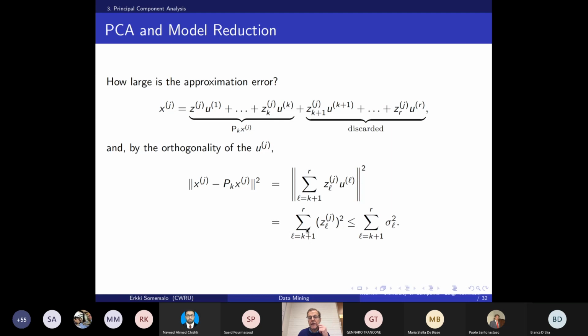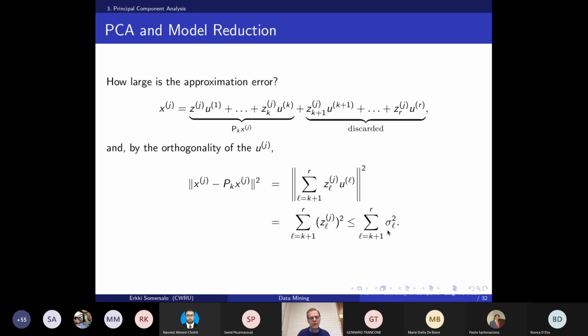So now let's go back. Two slides ago, I told you that the zlj are bounded by the singular values of the matrix X. So I get an upper bound for this sum, and this sum is simply l running from k plus 1 to r of the singular values squared.